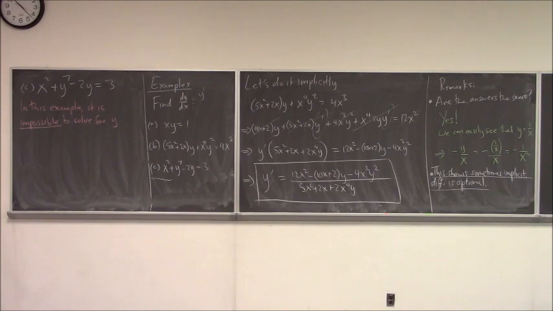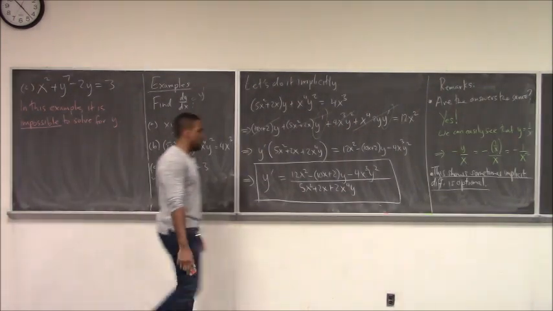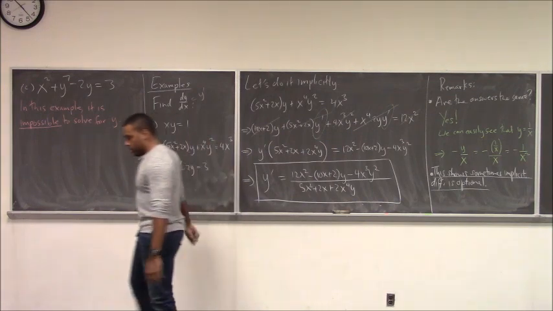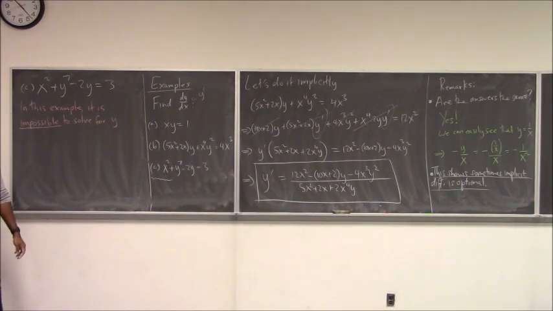At best, we can approximate solutions. We can't actually find them outright. Every now and then you'll have a silly little example where you could solve for it, but in general, there is no way to actually do this. And for this particular one, you can't solve for y. There's no way for you to actually do it. So if you wanted to do things the old way, you'd spend forever trying to get that to work.